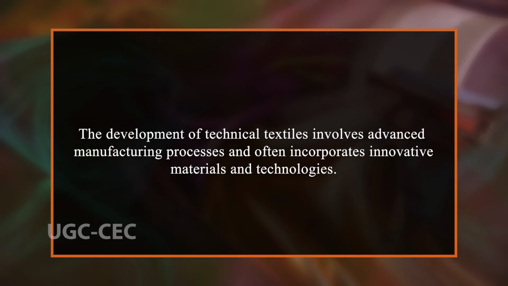Technical textiles are characterized by their specialized properties, including strength, durability, resistance to extreme conditions, and specific functionalities tailored to industrial or technical applications. The development of technical textiles involves advanced manufacturing processes and often incorporates innovative materials and technologies.